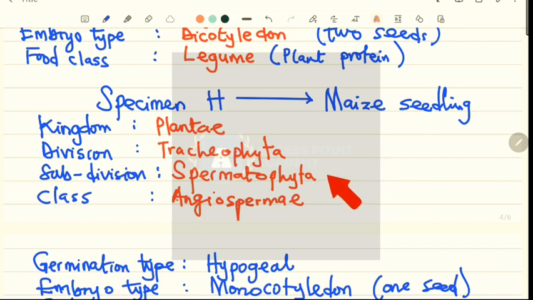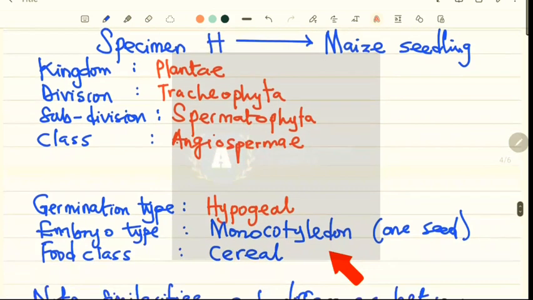But this one is hypogeal. So it has epicotyl. If it is hypogeal, it has epicotyl, meaning that the shoot is inside, pushing the seed upward. Now the embryo type is a monocot, unlike the other one, specimen G, which is a dicot.